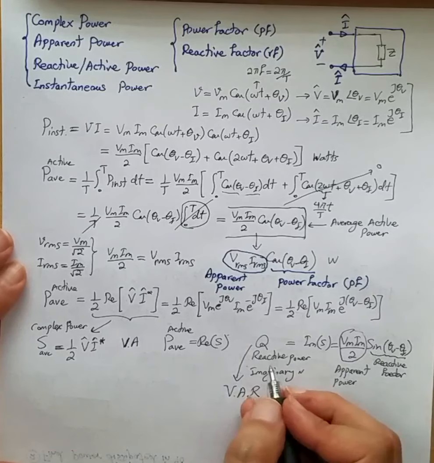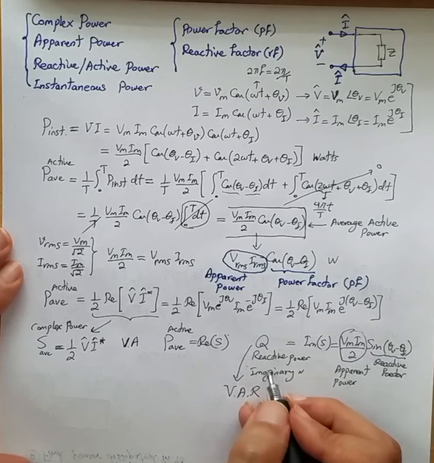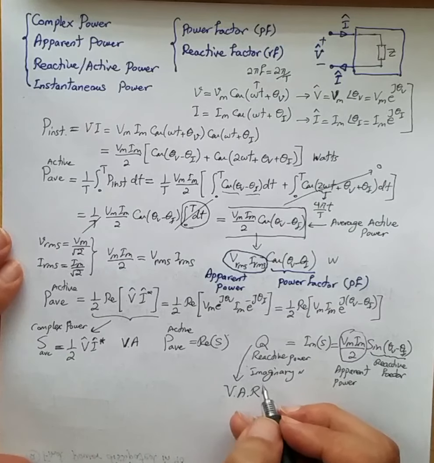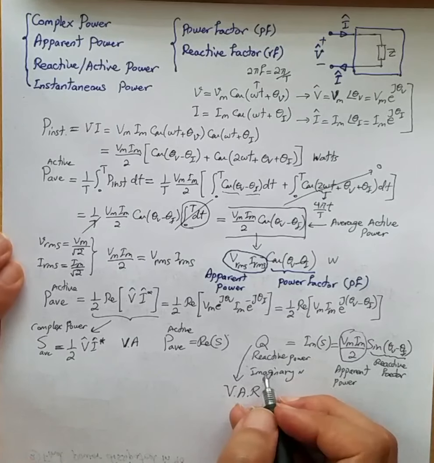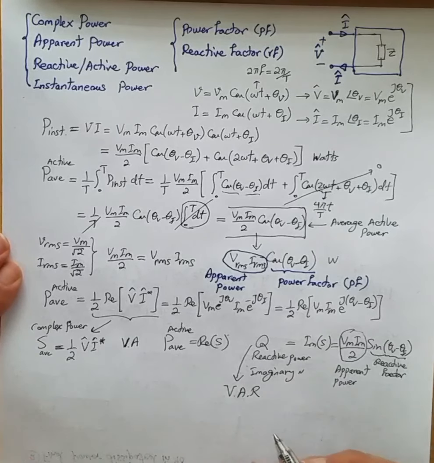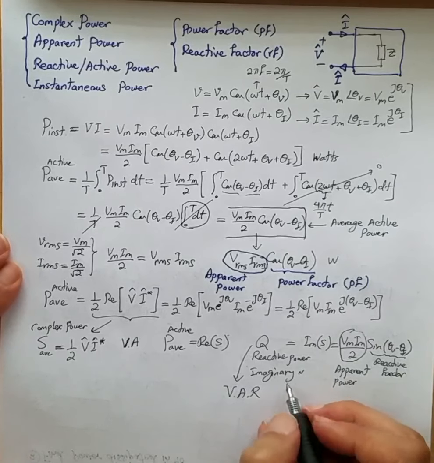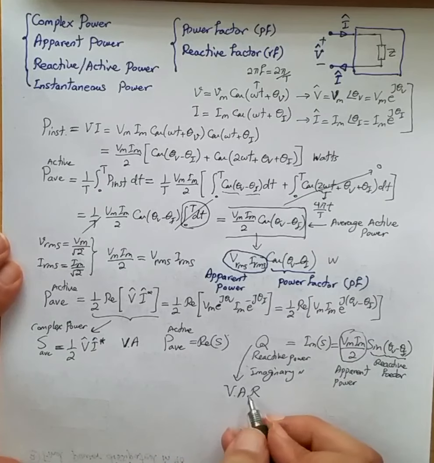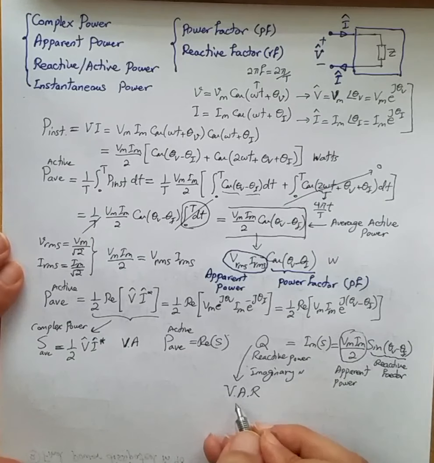And this is actually a representation of the energy stored in an inductor or capacitor in a circuit on average. And depending on whether that energy is being absorbed by the component or is generated out of the component, it is referred to as absorbing VAR or generating VAR, and sometimes it is said to be magnetizing VAR.